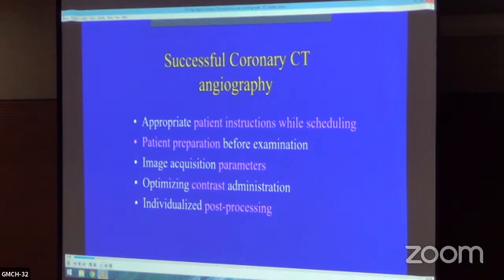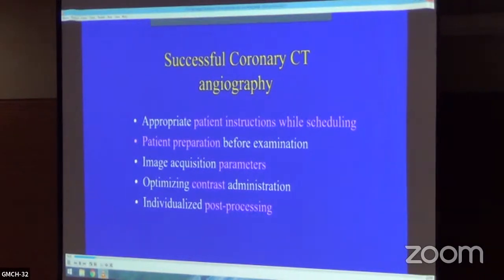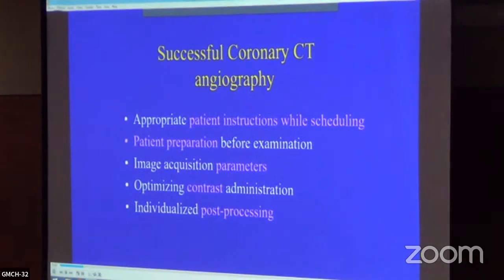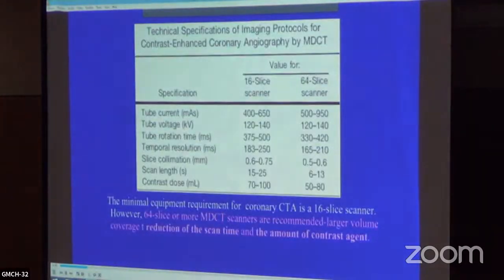So it's important to have certain things in mind before you do the coronary CT angiography. While scheduling the patient, there are some instructions which must be given. The important thing is to prepare your patient well, select your image acquisition parameters well, make sure that you optimize your contrast administration, and do adequate post-processing.